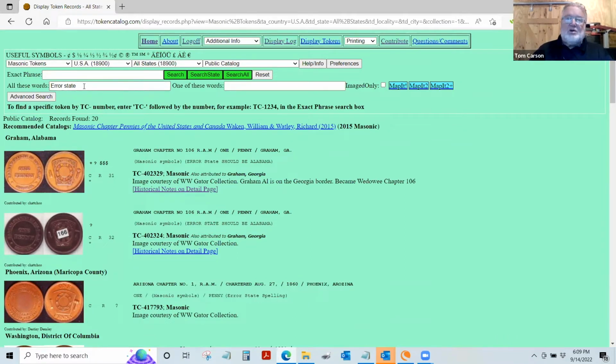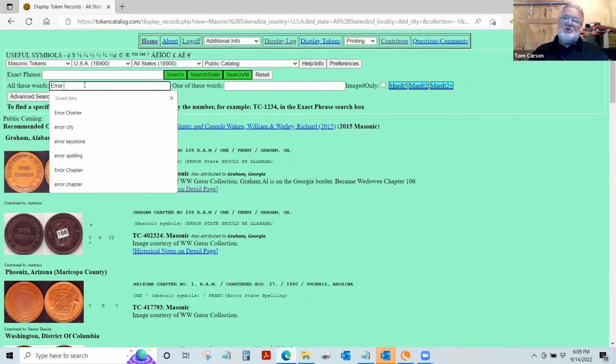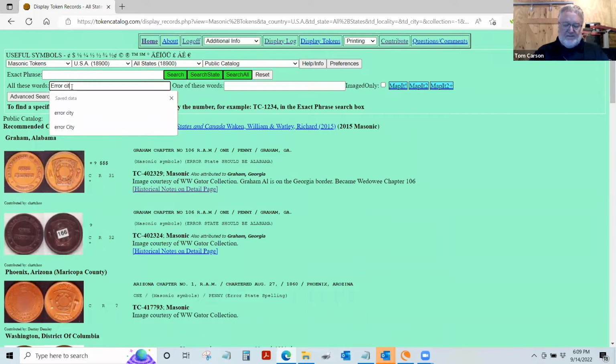Should have been Boulder City, Nevada. But I haven't got a copy of it yet to add to the token catalog. Well, those were the errors where they goofed up the states. Let's look at the errors where they goofed up the cities. So here under all words, I took out the error state and I'm going to put in city.